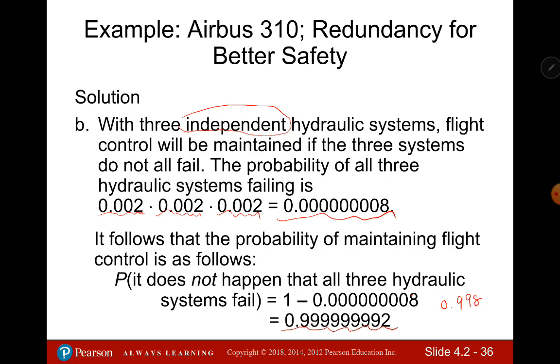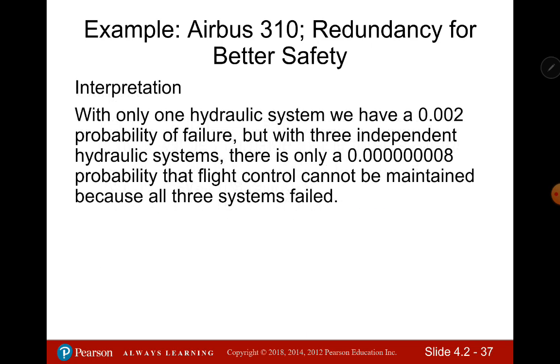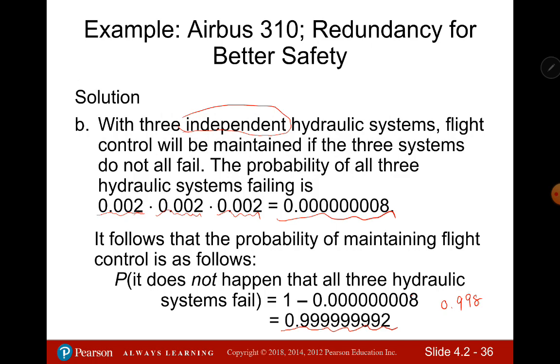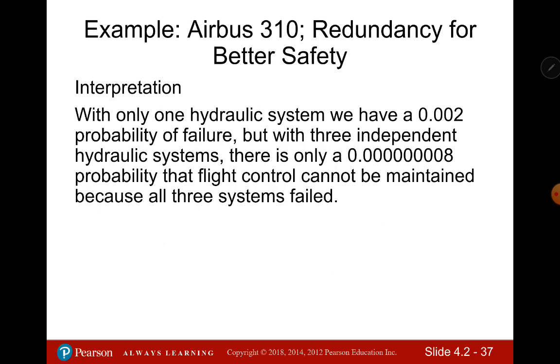We can say this one is higher than the previous one. We increase the safety. 0.998 is high, but it's not high enough compared to the second result.